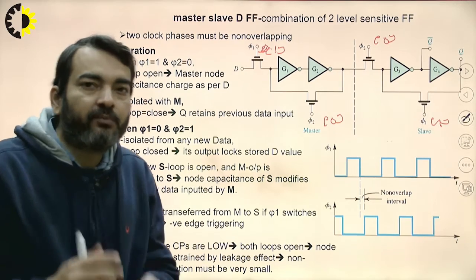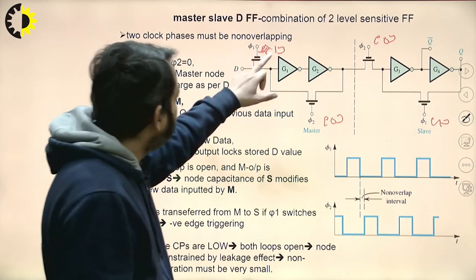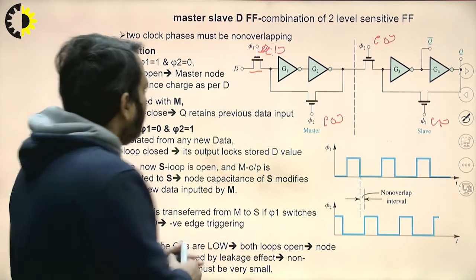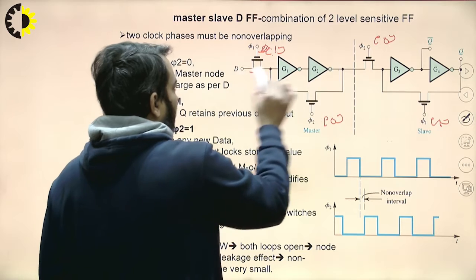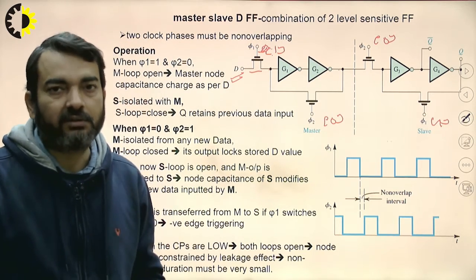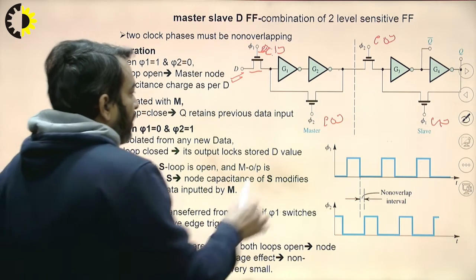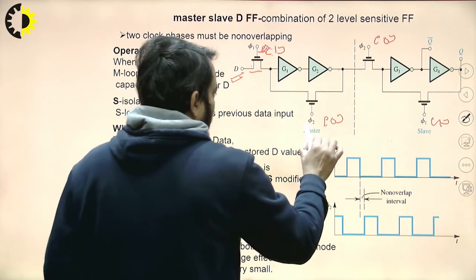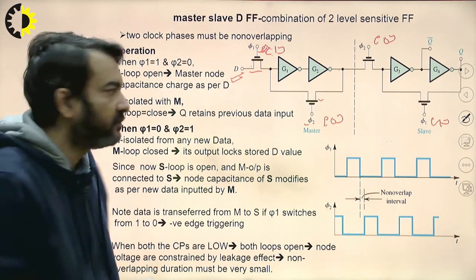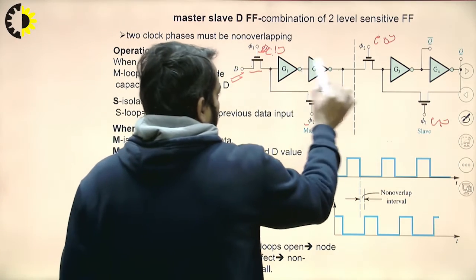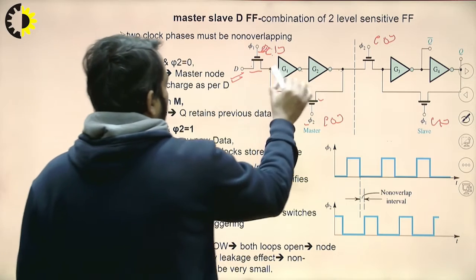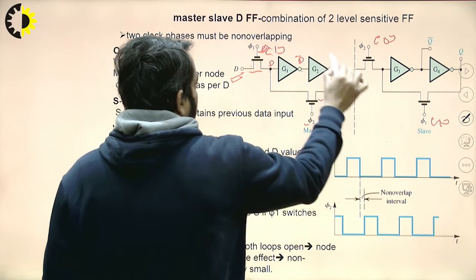So first we will input the data. This clock is 1, so this transistor is on. Node capacitances will charge according to the data value D, whichever logic it has, logic 0 or 1. At this particular time the loop is open, so there is no conflict. Easily all these node voltages will be charged as per the data. So at this point we will have D, D bar, D.